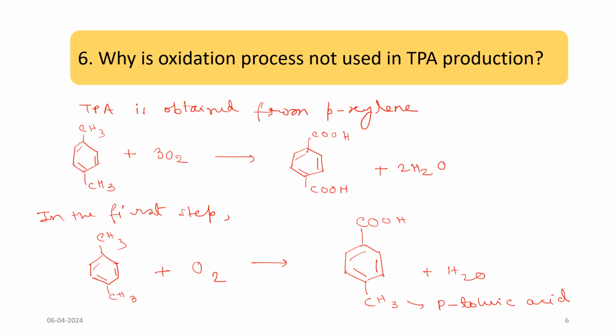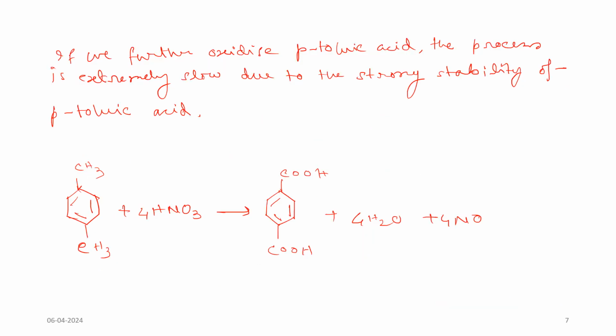So oxygen alone is not used in the oxidation process because it first produces para-toluic acid, which is extremely stable, and that doesn't go further. Then the process is very slow, and almost it won't convert into TPA anymore.